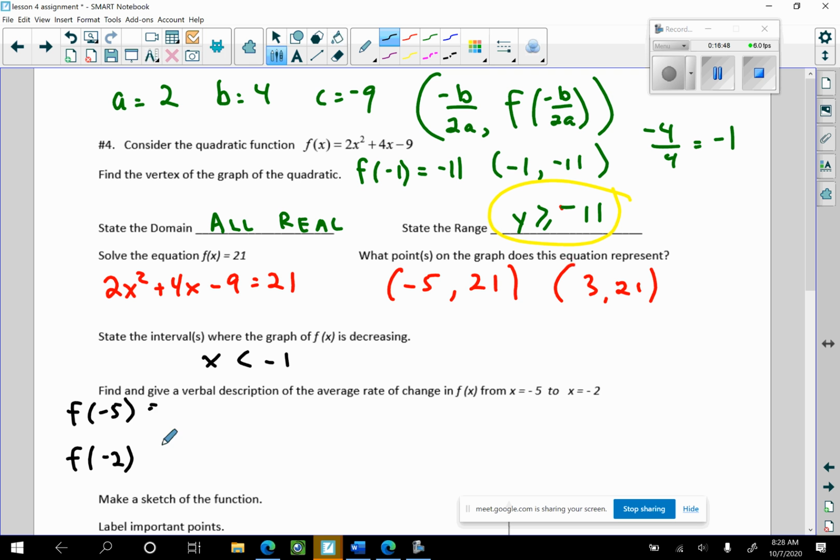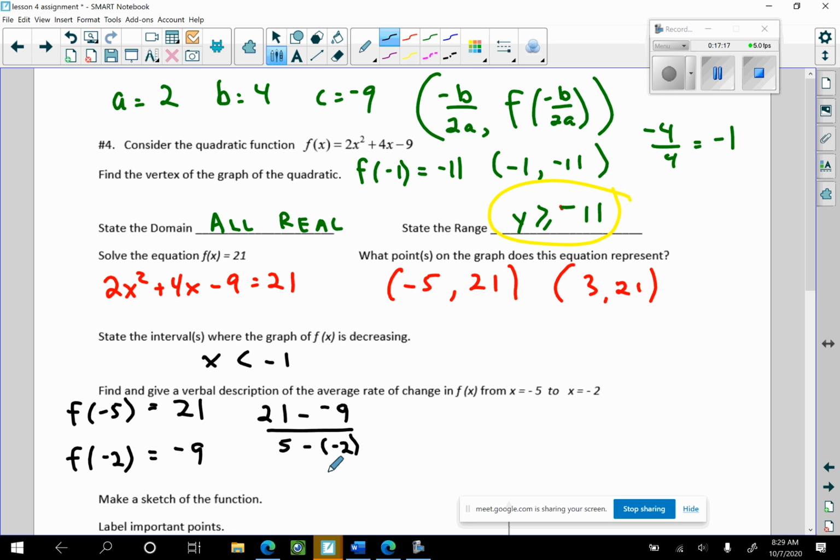I will tell you that f of -5 is 21 and f of -2 is -9. So the average rate of change is going to be 21 minus -9 over -5 minus -2.